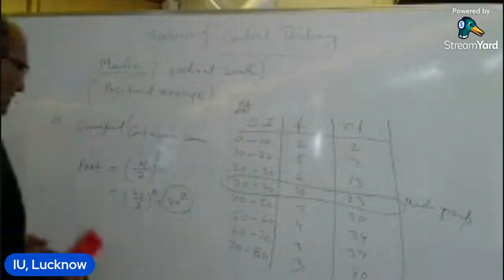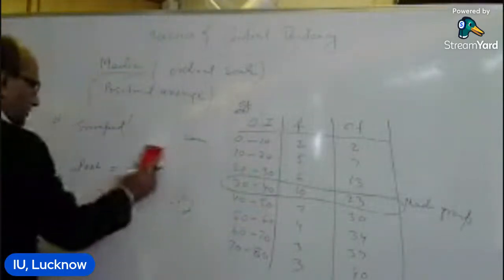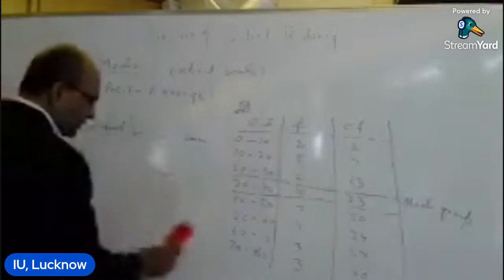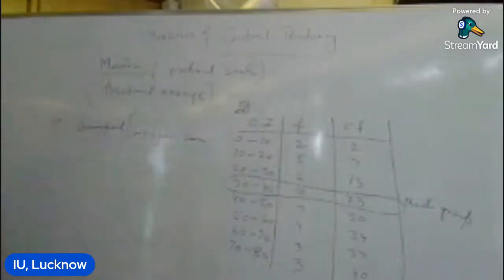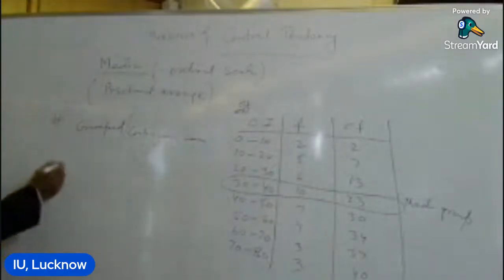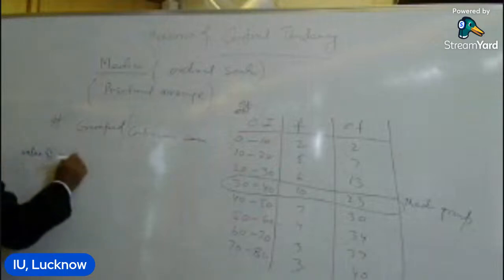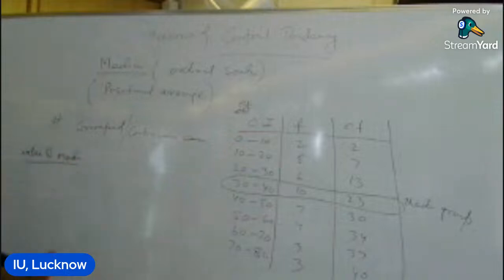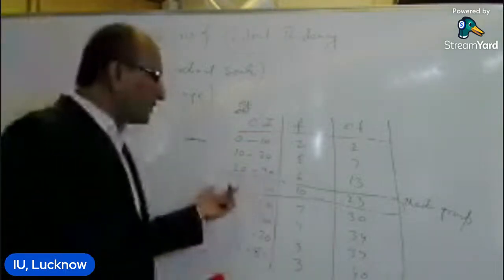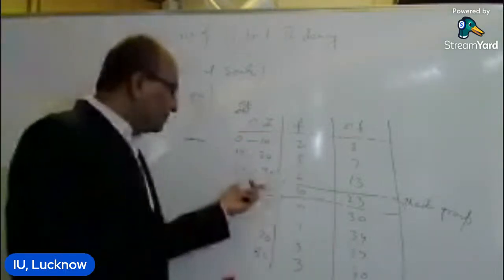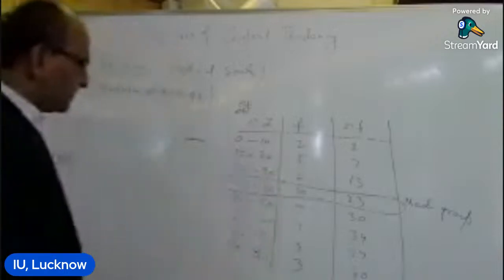For this we use another formula for finding the value of the median. This is the median class, meaning the value of the median will lie in this class 30 to 40. Now what will be the value?